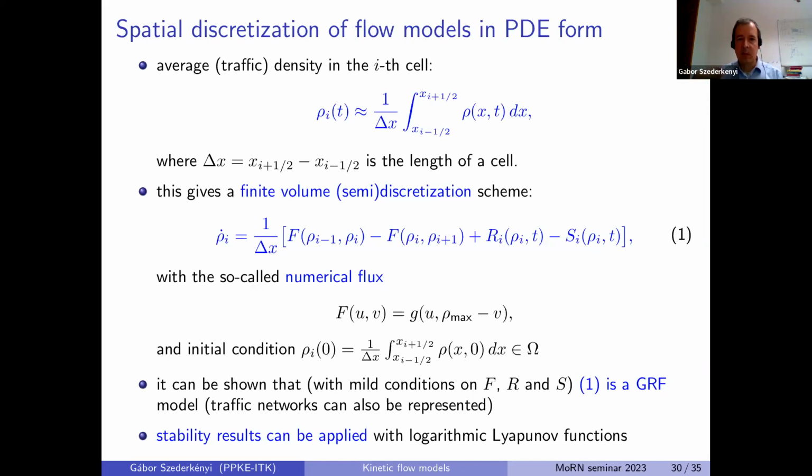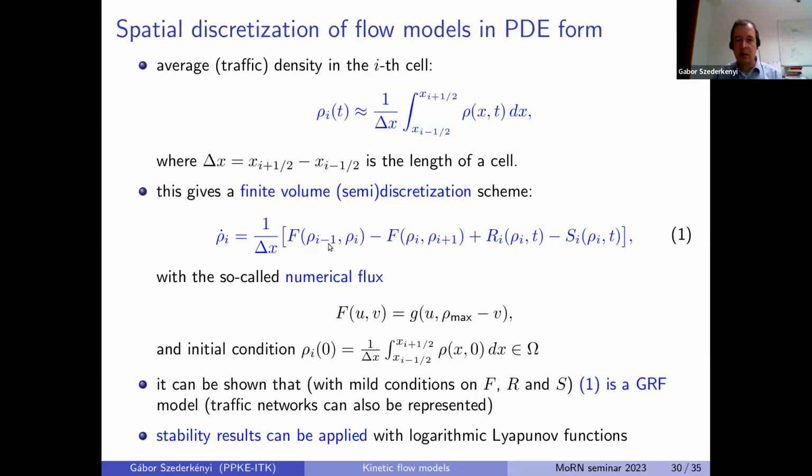Okay, so if we take a not commonly used finite volume spatial discretization of flow models in this form, then we will arrive at a semi-discretized model in ODE form, where this capital F function is the numerical flux, because this is the spatially discretized version of the PDE.